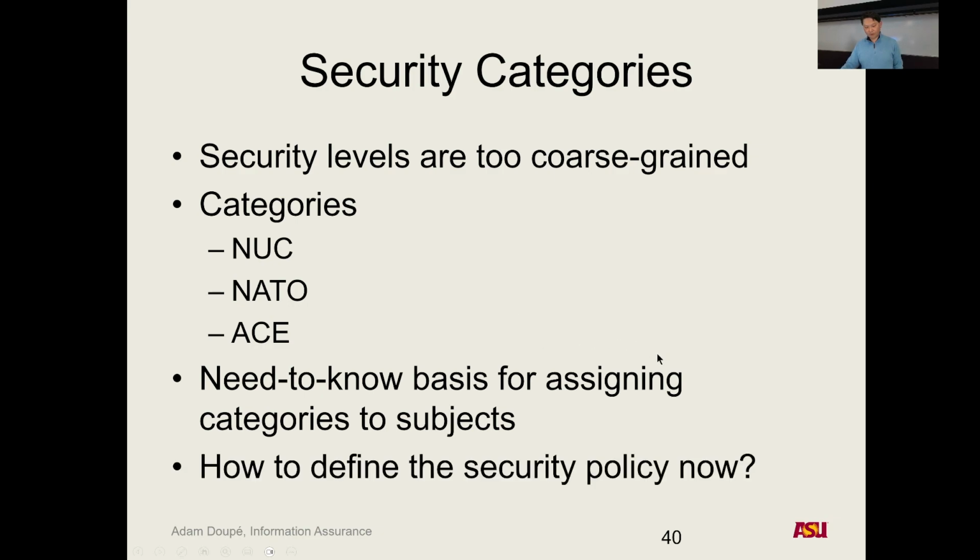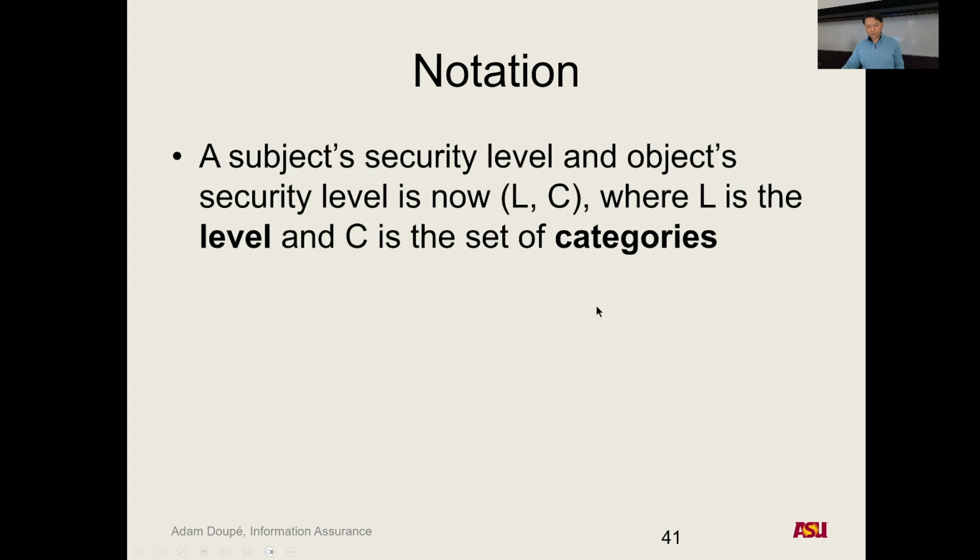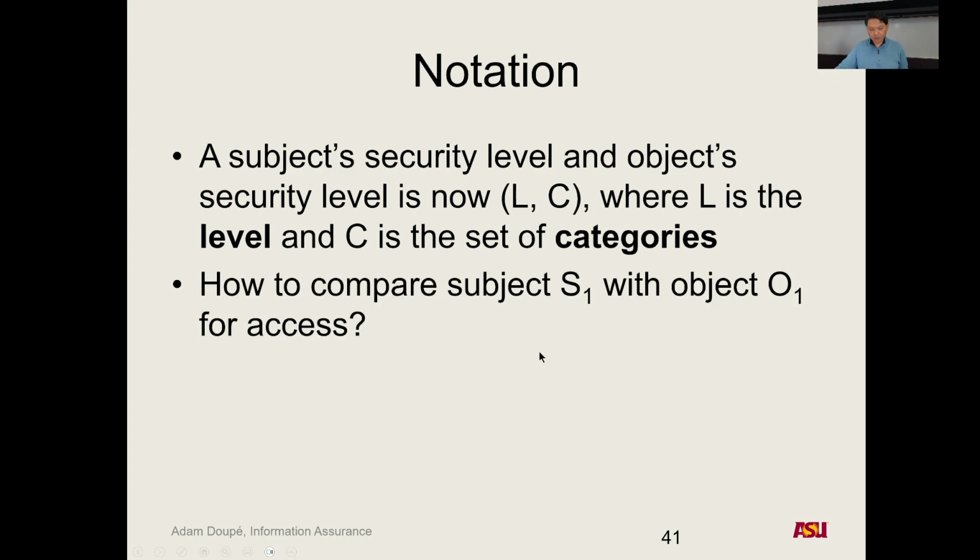Okay, how do we define the security policy now? Let's use the notations again. The subject security level and object security level are now (L, C) tuples, where L is the level and C is the set of categories. How do we compare subject S1 with object O1 for access?